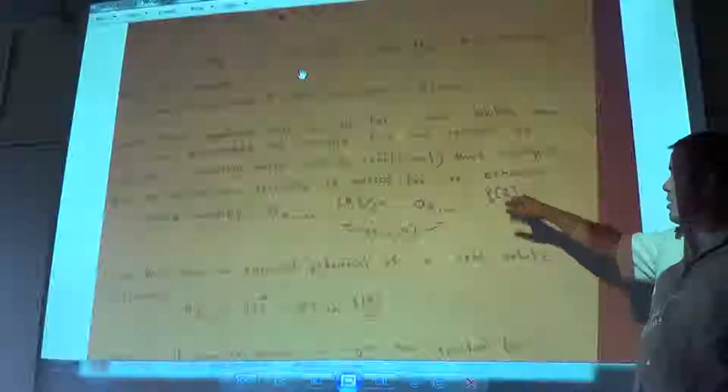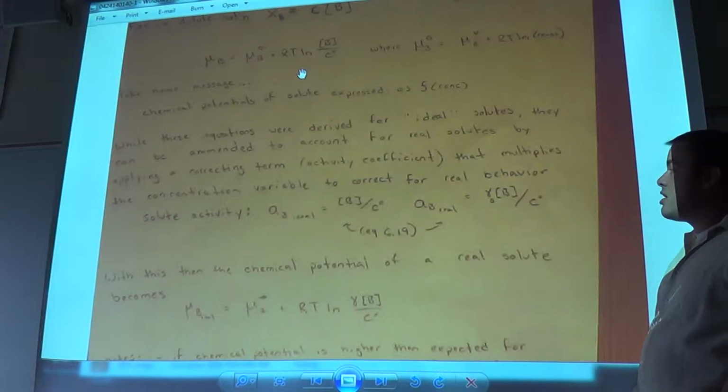We can keep the math that we used here, this guy, if we correct it by multiplying that concentration by some coefficient. And that coefficient is whatever it needs to be to account for the actual energy of that ion in the solution, in the species, right?